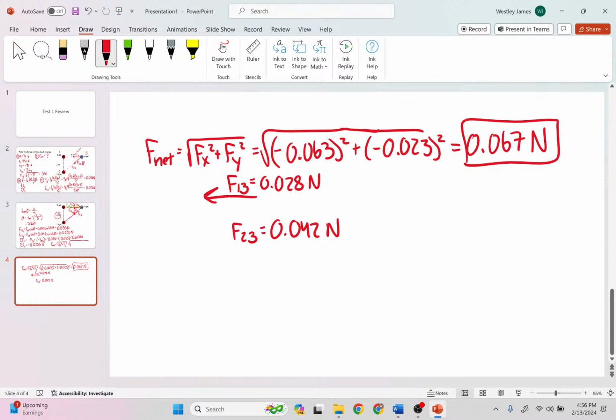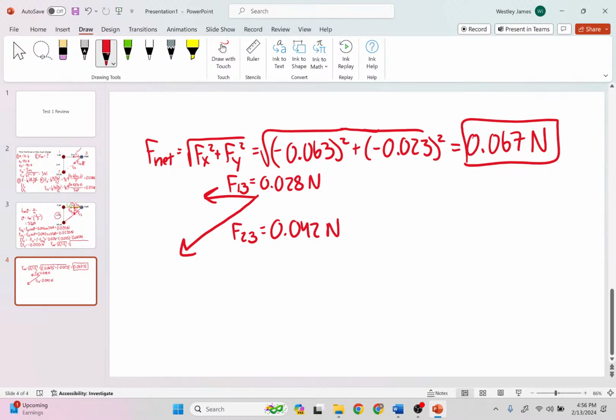There's a reason I'm doing all this. So this one will be bigger than that one. Why am I doing this? Because we are about to find visually the net force. This is something I did way at the beginning. If you have two arrows, and this is maybe something you learn in Physics 1, you can do all the math, and we're going to do the math to find the angle.